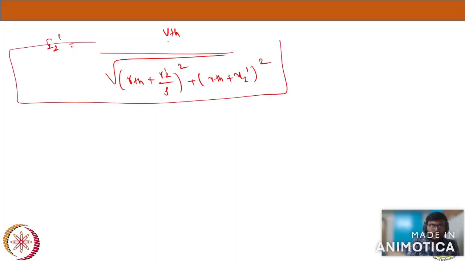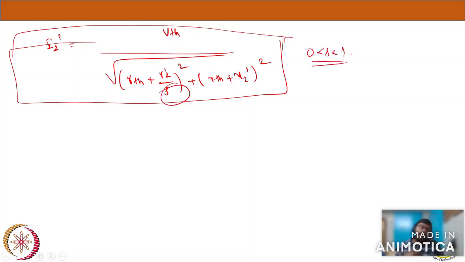This is the rotor circuit, and s is there. If you vary the slip from 0 to 1, you will get different kinds of rotor currents. That's what we want to discuss here.